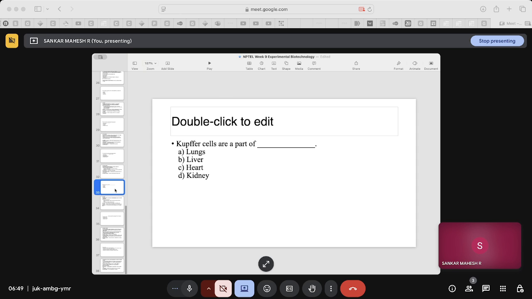Okay. This is a very, very basic immunology question. Kupffer cells are a part of dash: lungs, liver, heart, and kidney.